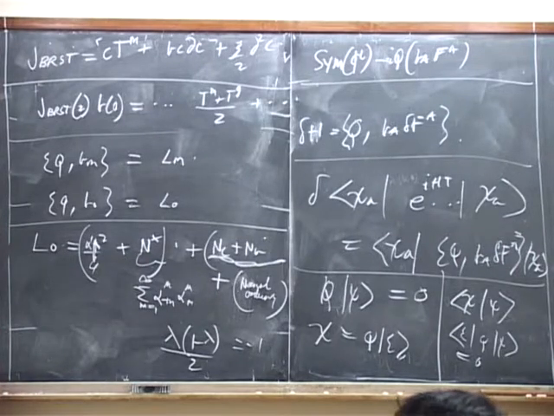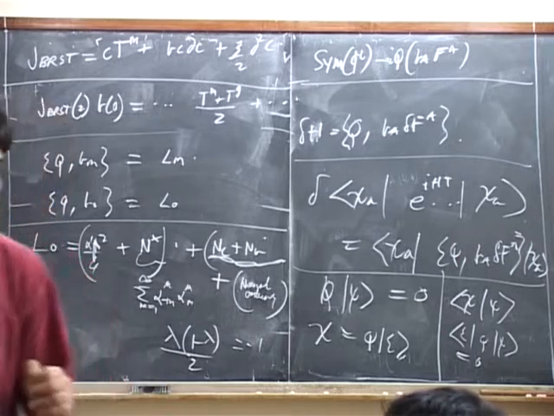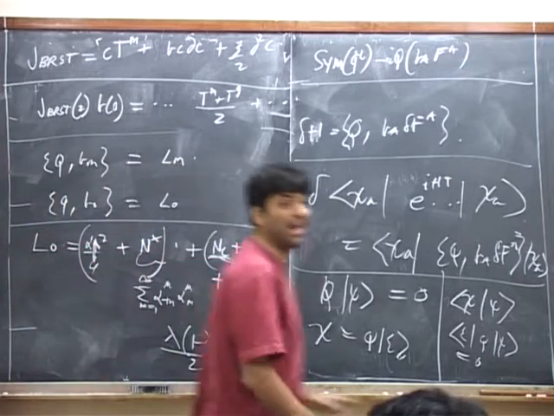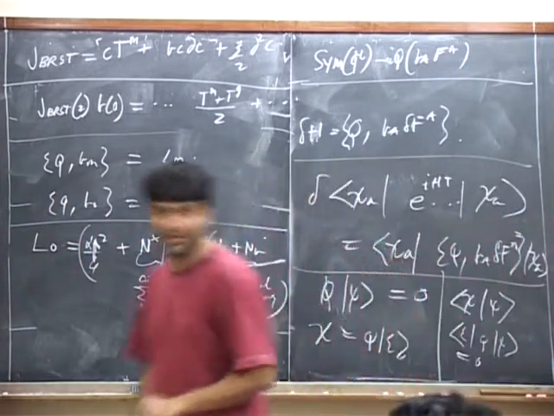L1 and L minus 1 had no normal ordering ambiguity, so those were completely well defined. So if you use that to define L0, you got the right answer with the normal ordering. Both ways give the same answer. This course has been a little staccato, so you may have forgotten this, but I'll ask you to go back to your notes and look it up. This minus 1 is very important.